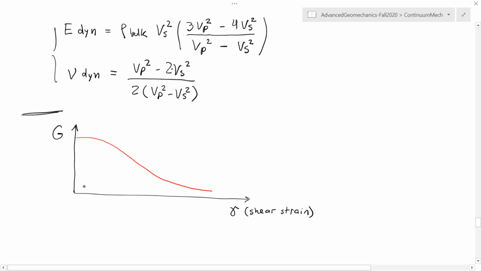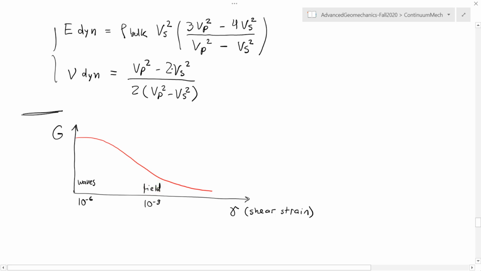For example, if I were somewhere around here in the order of 10 to the minus 6 or smaller, this would be the domain of the propagation of waves, very small strains. And if I were closer to field conditions, to, for example, what I would have close to a hydraulic fracture, then I'm going to be probably something closer to here with strains which are much, much larger and approach more the field conditions.